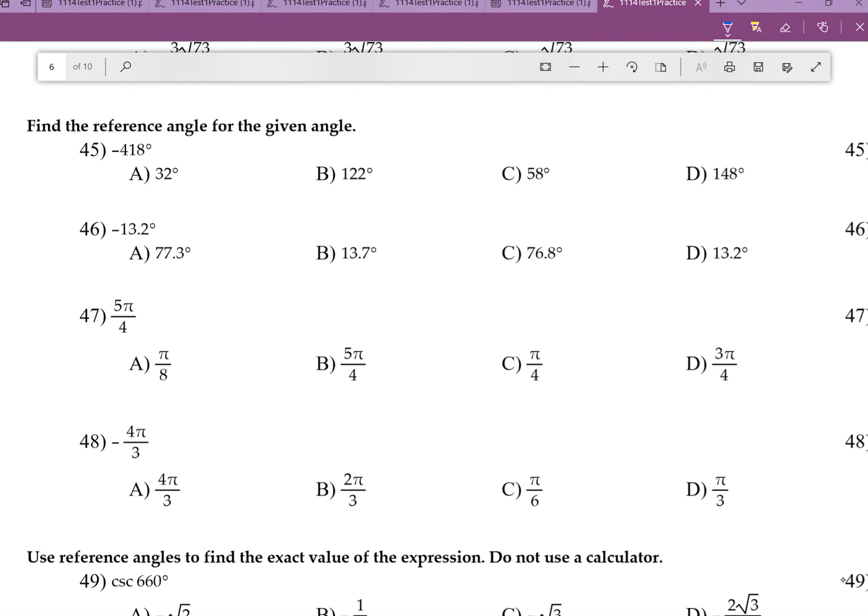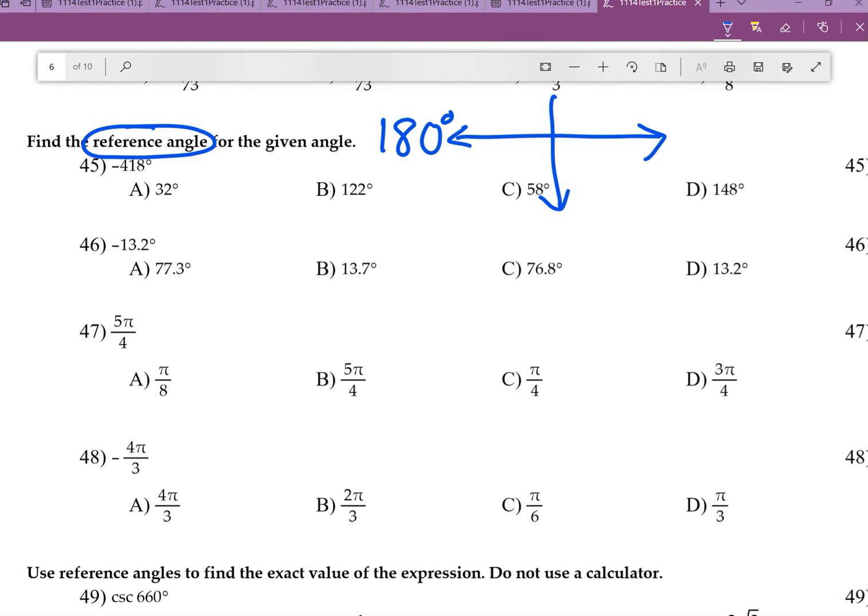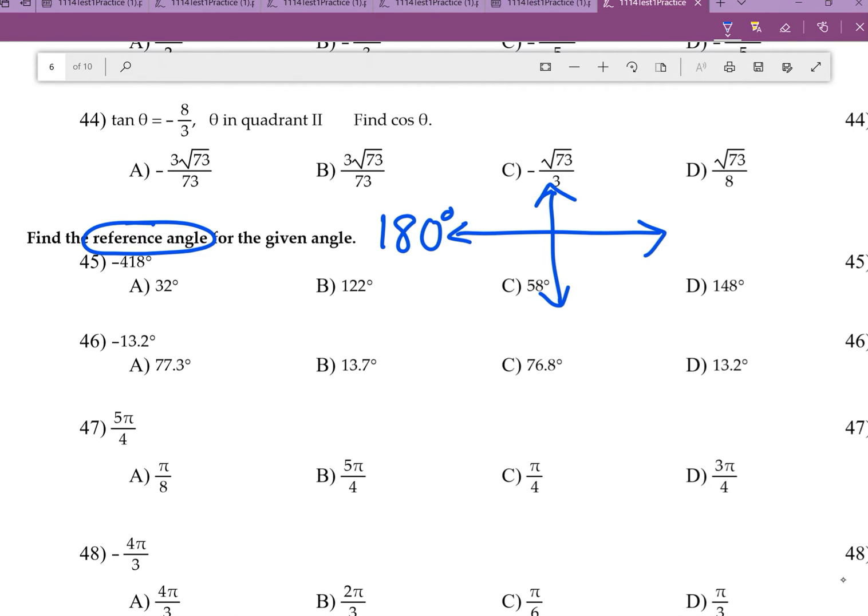Okay, for the reference angle, when we talk about reference angles, we are referring to values that relate to the 180 degrees, right? They have to be on the x-axis. So I don't care where the angle terminates. What I'm focused on is the reference angle being the angle that it relates to on the x-axis. So in this case, you're looking at negative 418.